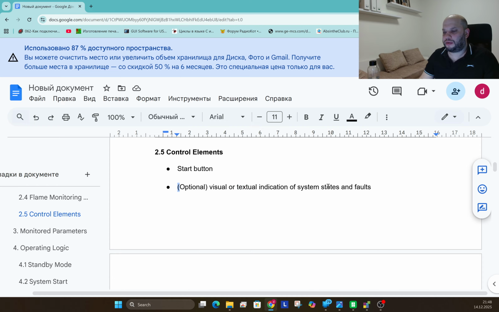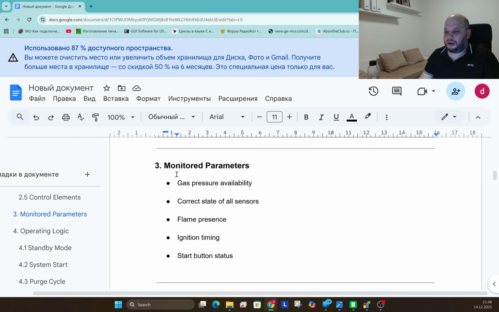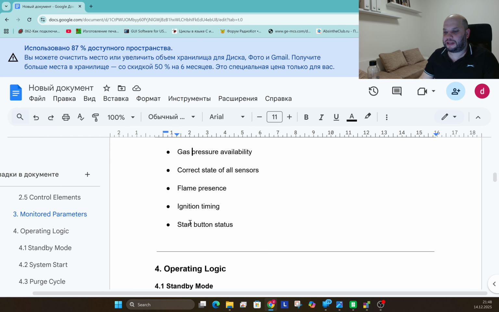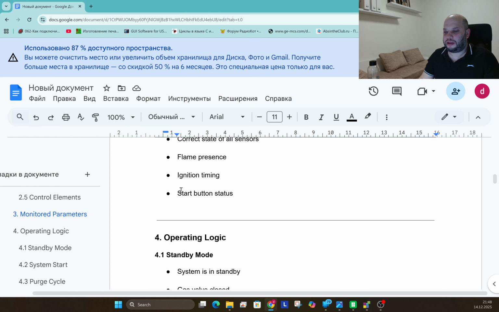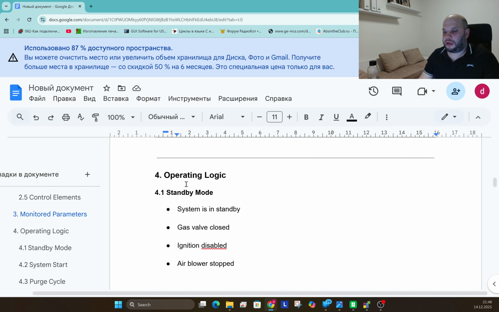I don't think we need this option here. Monitor parameters: gas pressure, variability, correct state of all sensors, flame presence, ignition timings, start button status. Okay, this is clear.